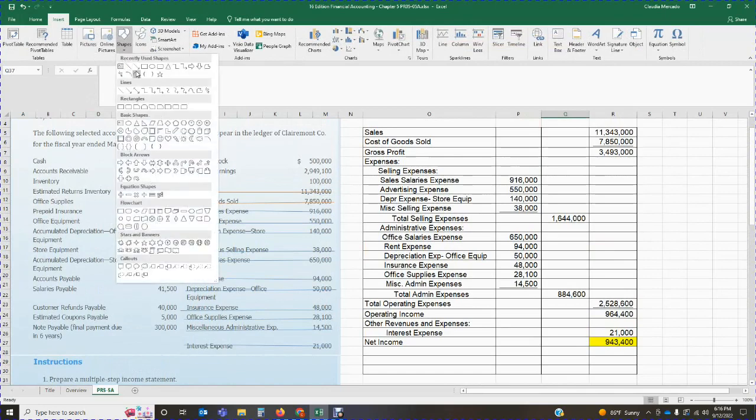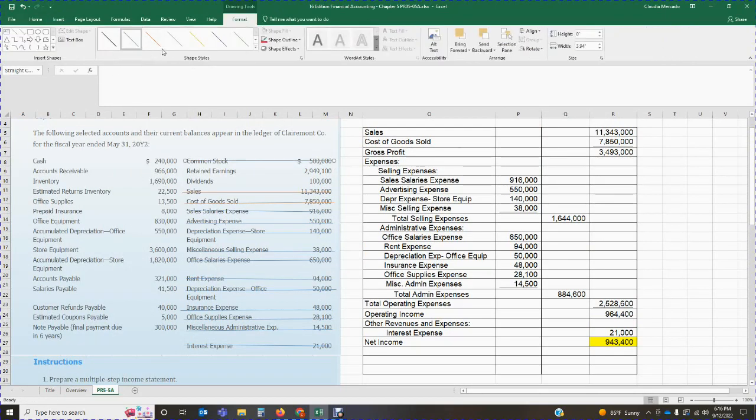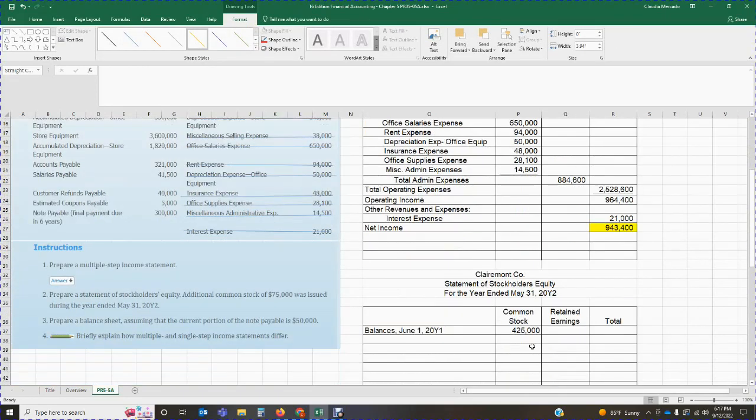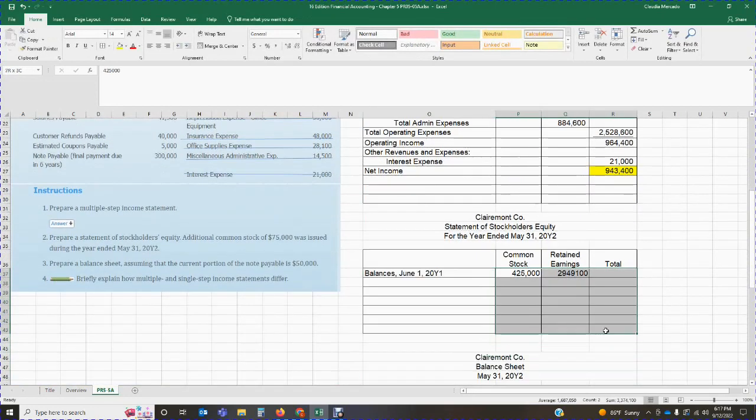So let's mark that one that we've already used the common stock. Now we have our retained earnings. Our retained earnings beginning balance is $2,949,100. We're going to bring that over, $2,949,100, and let me format this with the commas.